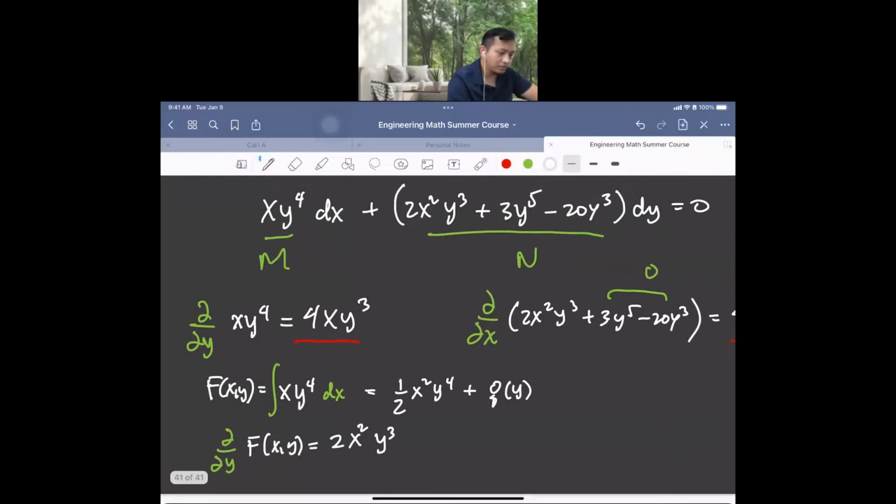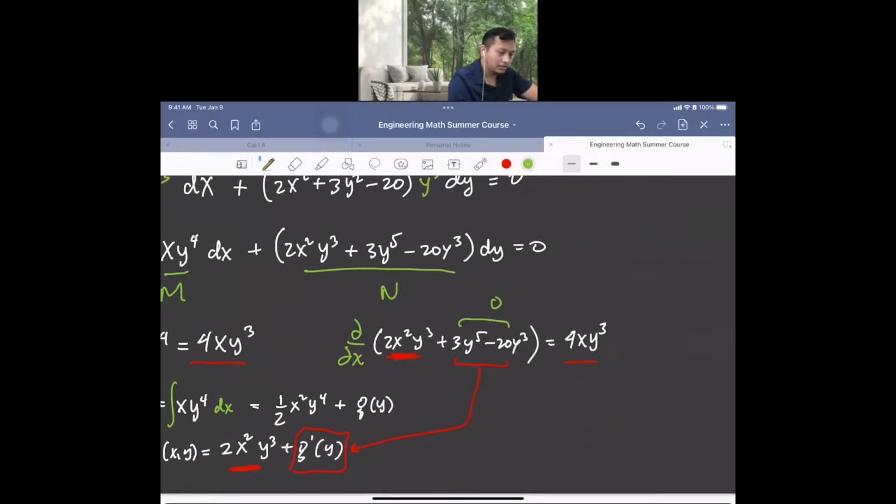This is supposed to be equal to this, right? Because it has the same 2x squared y cubed. Then g prime of y is 3y to the power 5 minus 20 y cubed.